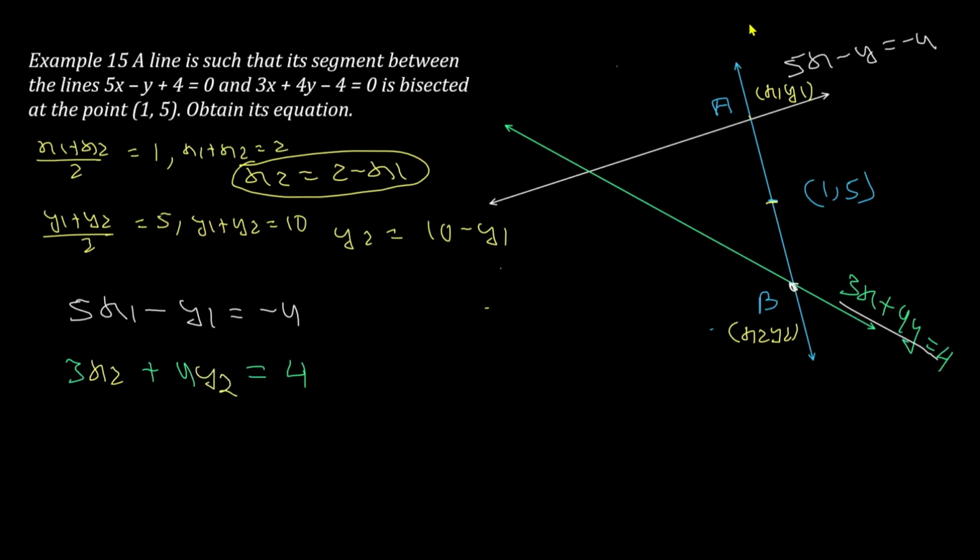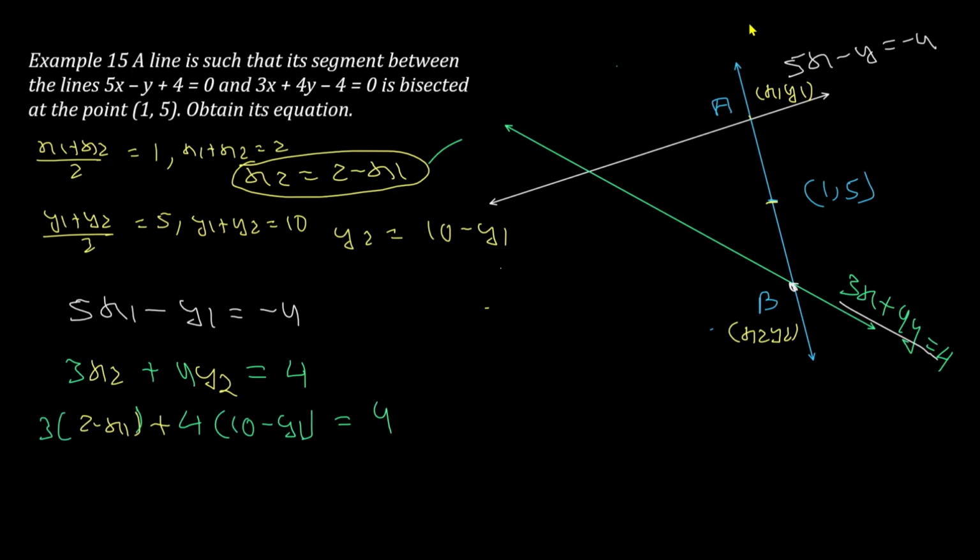Now if I do so, what we get as the new equation is 3 times x2, which is 2 minus x1, plus 4 times y2, and y2 is 10 minus y1, is equal to 4.